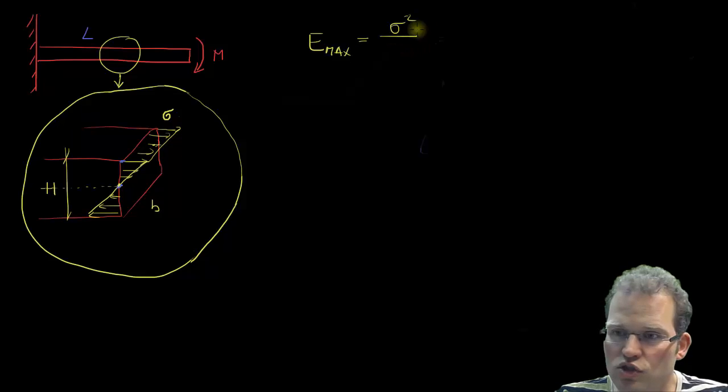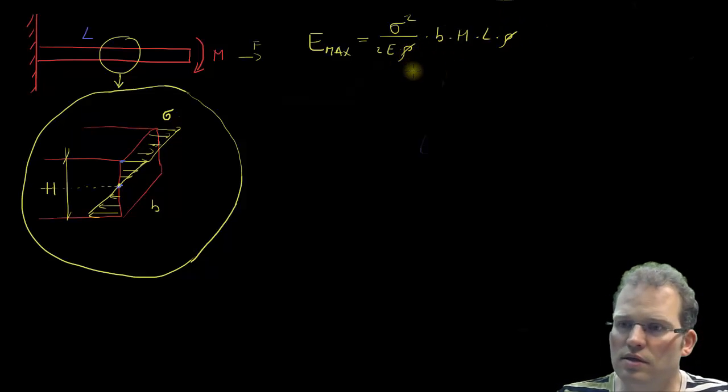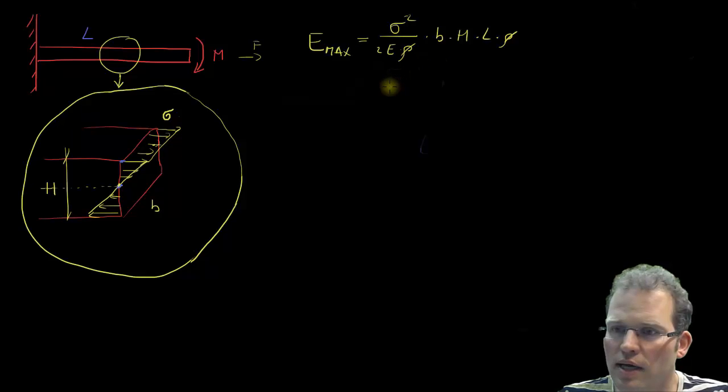If we stretch it to its max, when we apply a tensile force, then we would get sigma squared divided by 2 times Young's modulus times the density, times the mass of the bar, which is B times H times L times density. So we can delete the densities.